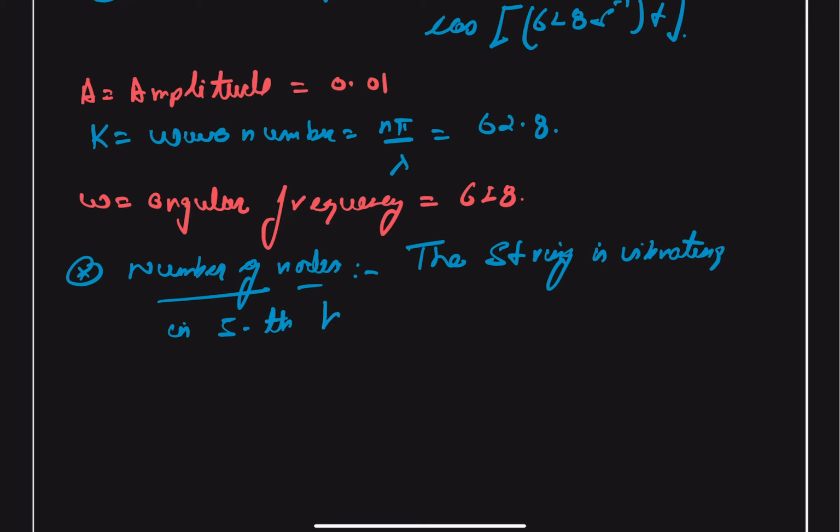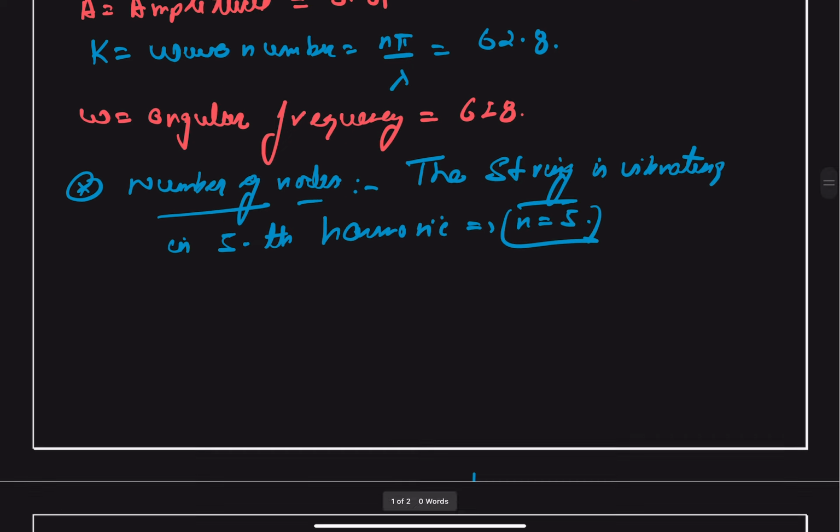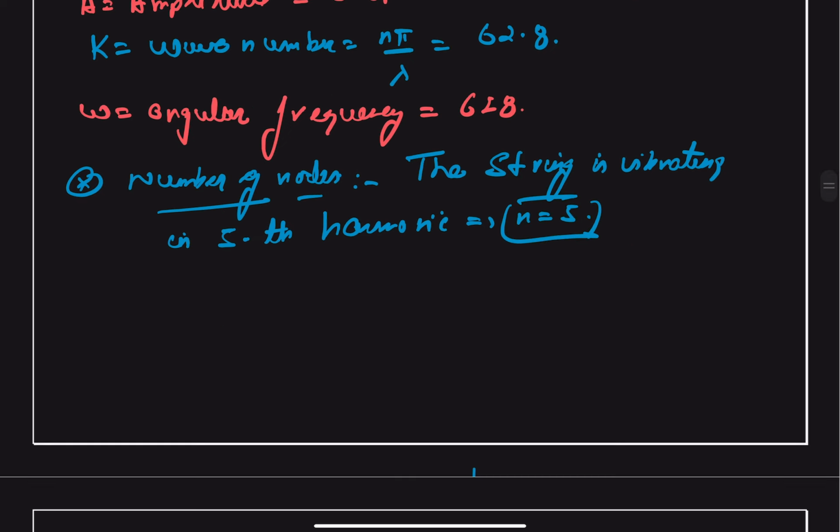So we can say the value of n is equal to 5. Therefore, the number of nodes when the string is fixed at both ends and vibrating in the nth harmonic is given as n plus 1.